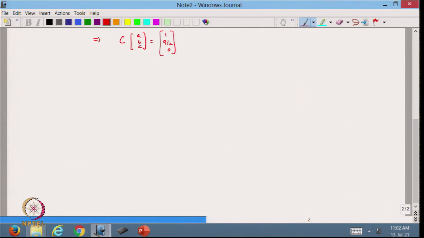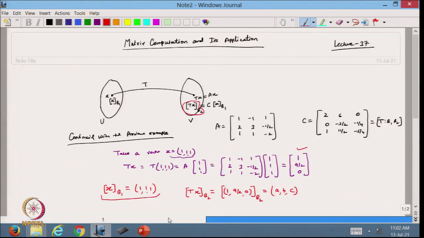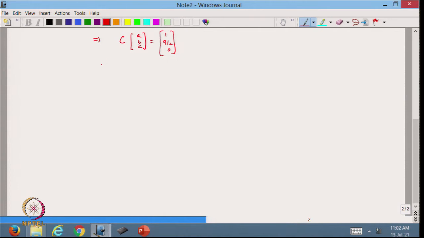So, I can take the linear combination of these vectors, and I know that C is a 3 by 3 matrix which is invertible. So, from here I can find the value of A B C, and this will be equal to C inverse times 1 9 by 2 0.